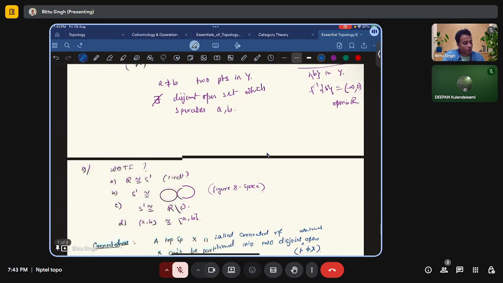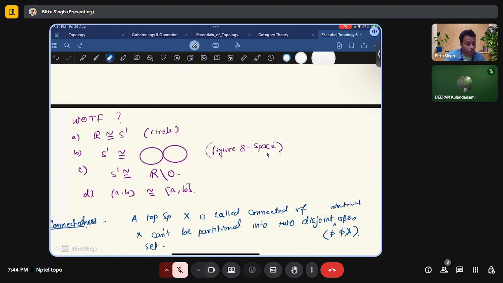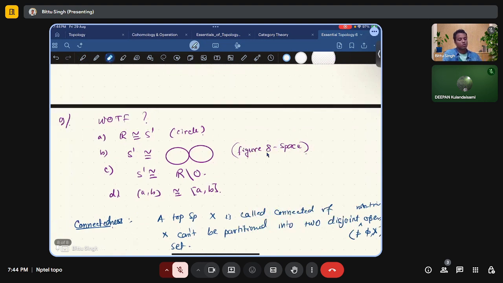So that is why connectivity is very useful. So here, is R homeomorphic to the circle? This is not true. Why is this not true? Because just remove a point.